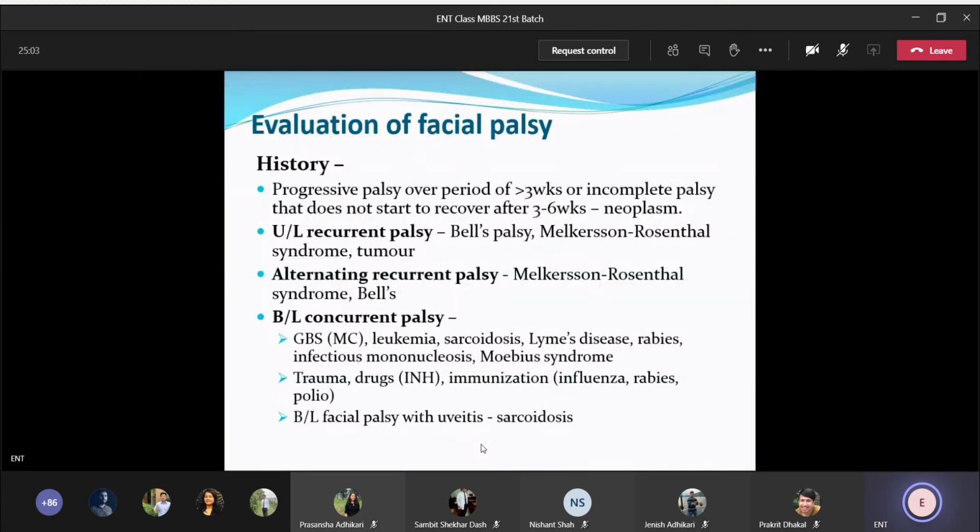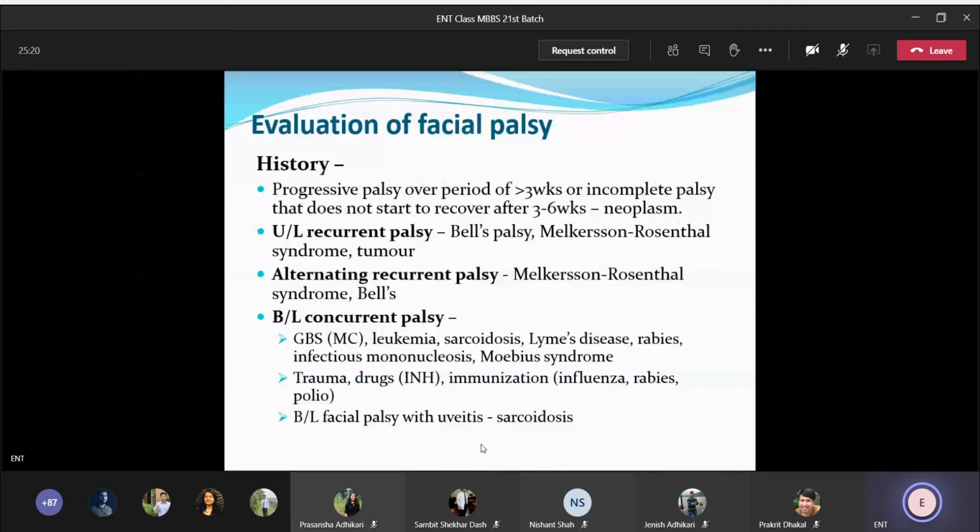In bilateral concurrent palsy, systemic diseases are related, just like Guillain-Barré syndrome. Most common is Guillain-Barré syndrome, which causes bilateral concurrent palsy, and also leukemia, sarcoidosis. These are the other causes.